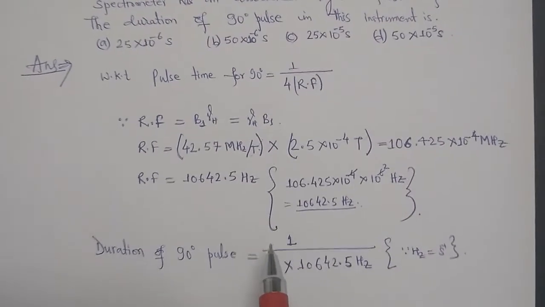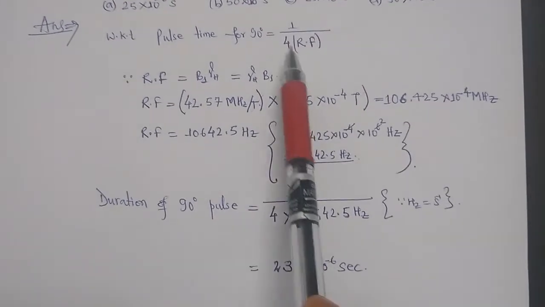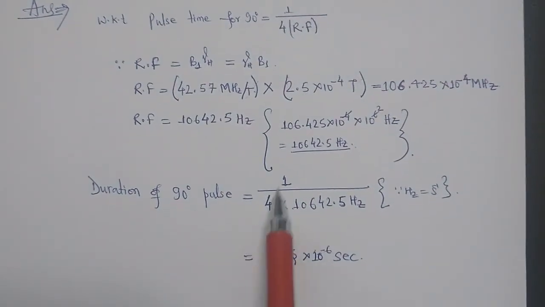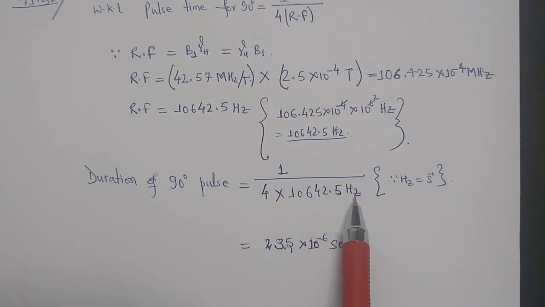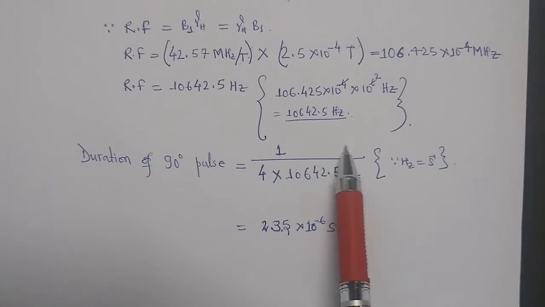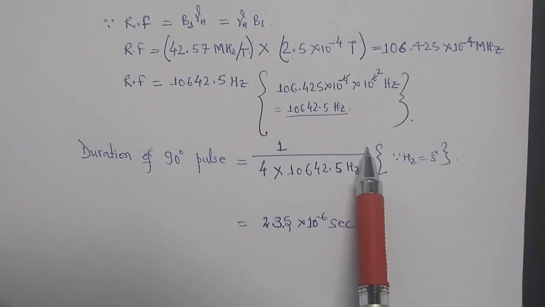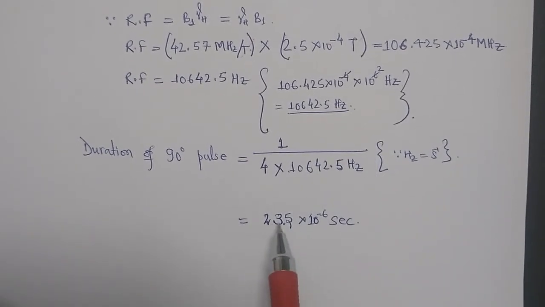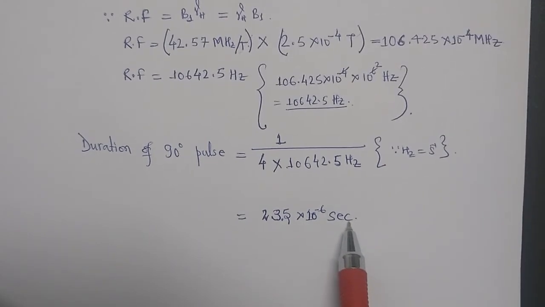So the duration of the 90 degree pulse we can get by putting the value of RF in this equation. We'll get duration of 90 degree pulse equals 1 by 4 into 10642.5 hertz. This hertz we can write as per second, so it is in the denominator. Then if it goes above, we'll get seconds. So the value we will get is 23.5 into 10 to the power minus 6 second.